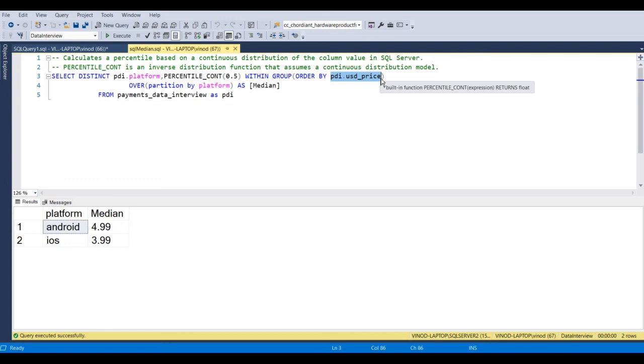And then the second step is to partition it by platform. Once you do these two things, ordering and partition, you will get the median.